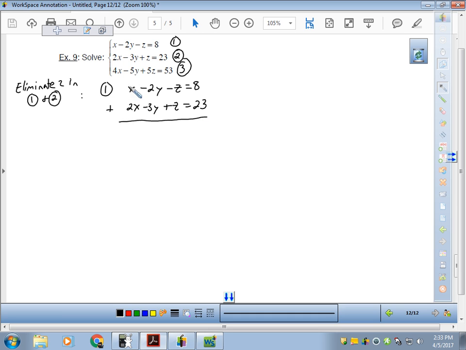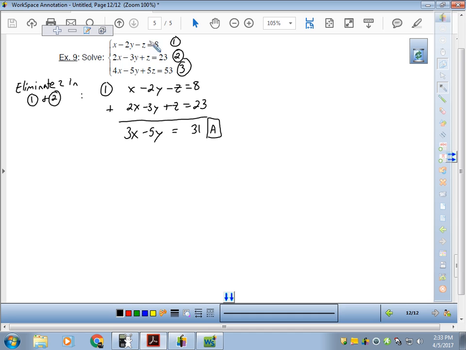When I add those, x plus 2x is 3x, negative 2y plus negative 3y is negative 5y, negative z and positive z cancel. 8 and 23, that's going to be 31. And so I'll label that new equation as A.